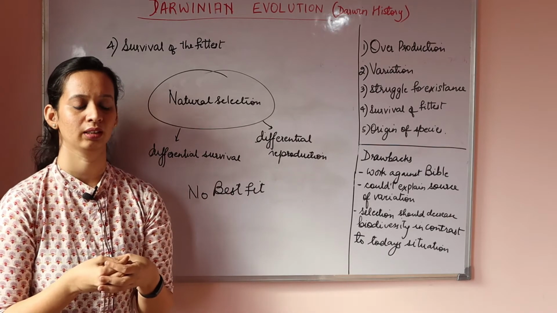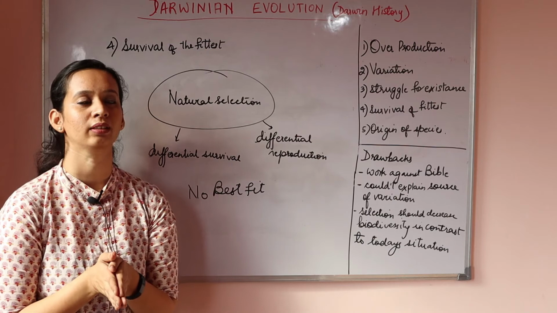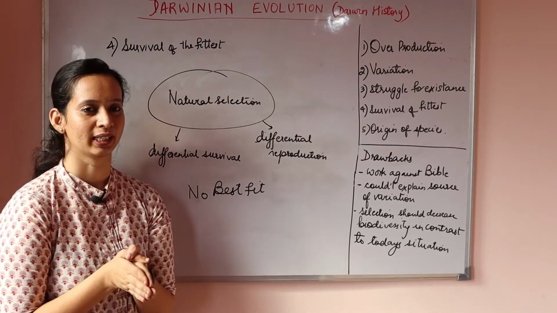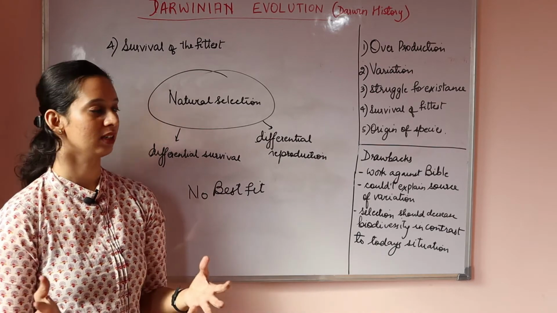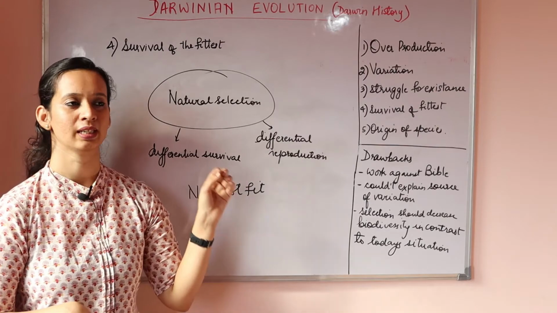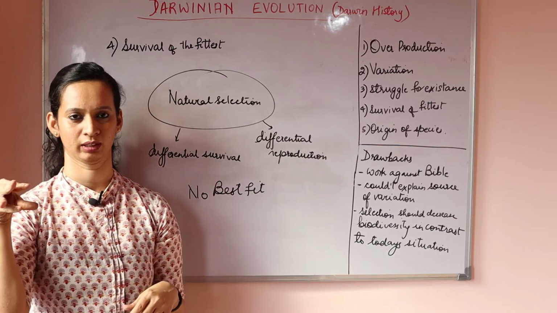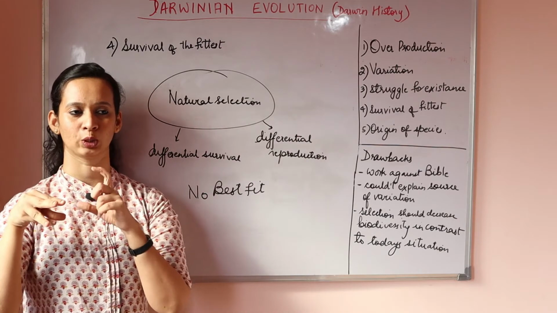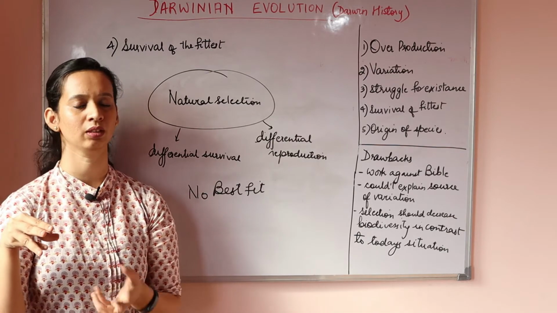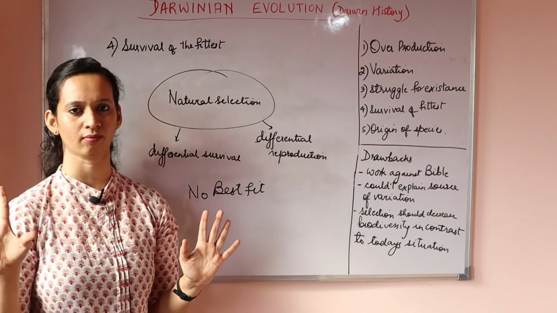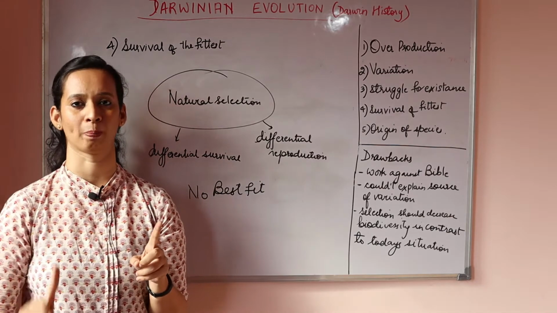If one individual or one species has the tendency to adapt better to environmental conditions as compared to the other, then it is called natural selection. Selection means what? Out of the whole pool of species, we are selecting one species. And why are we selecting one species? Because it is able to adapt to the changing environmental conditions or any kind of circumstances. That is called natural selection, and it occurs as a result of competition.